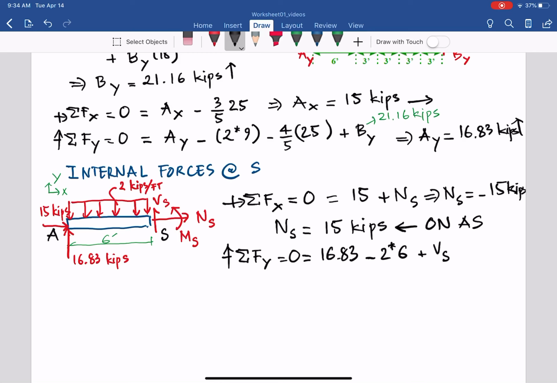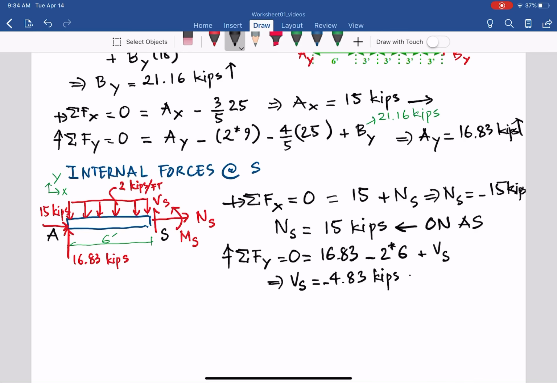And from that we will get Vs is a negative number. Vs equal to 16.83 minus 12, so it will be 4.83 kips, negative.